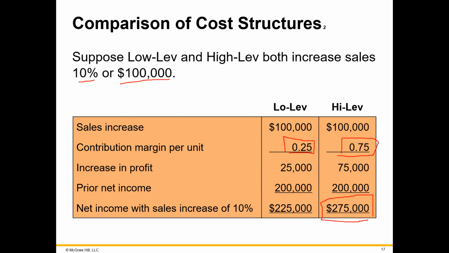in profit. If we predict that we can easily overcome the break-even point for either company, and we predict that sales is going to continue to increase, then perhaps high leverage is the better way to go.